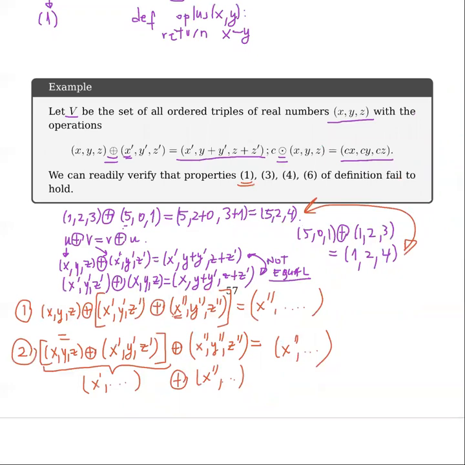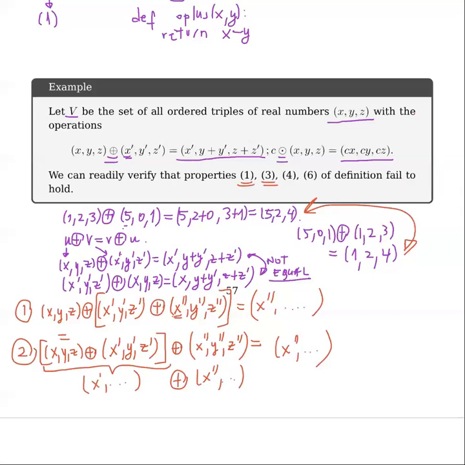Again, it turns out that I think there is no zero element, right? Can we find a zero element for this operation? Is there a fixed number which gives, so there is no zero element. There is 0 from one side, but there is not 0 from the other side.